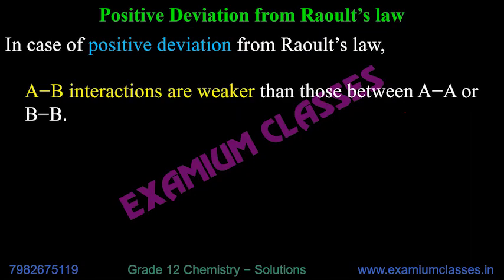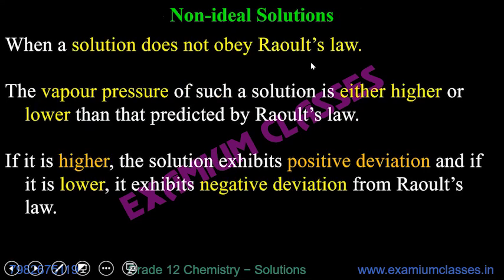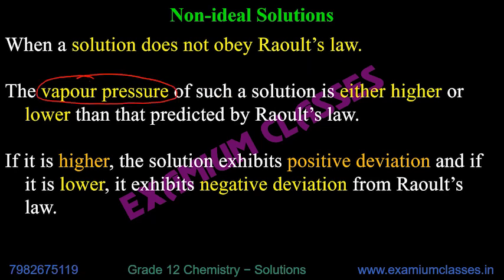Now, in case of positive deviation from Raoult's law, what will happen? This is something you need to understand. In simple terms, when we mix two liquids, there will be some vapor pressure of the mixture.